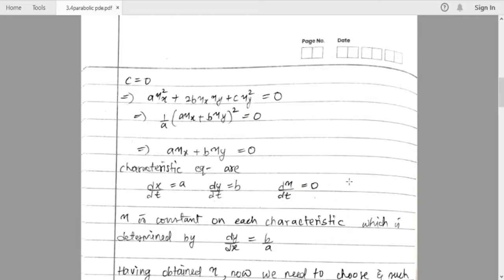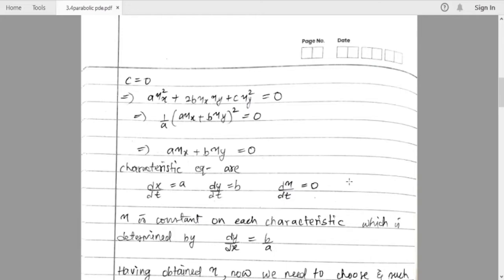Since we have only one condition, we can solve only one characteristic equation and we will get only eta. Now we have to choose theta, and theta should be independent of eta; the only condition is that the Jacobian should be non-zero.